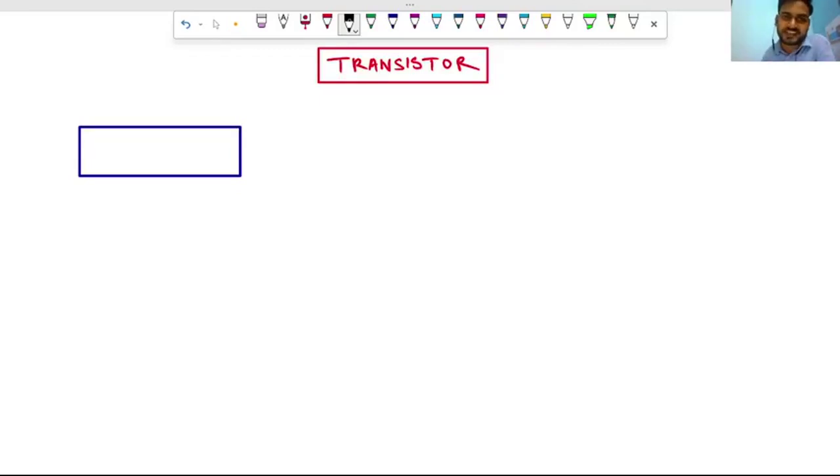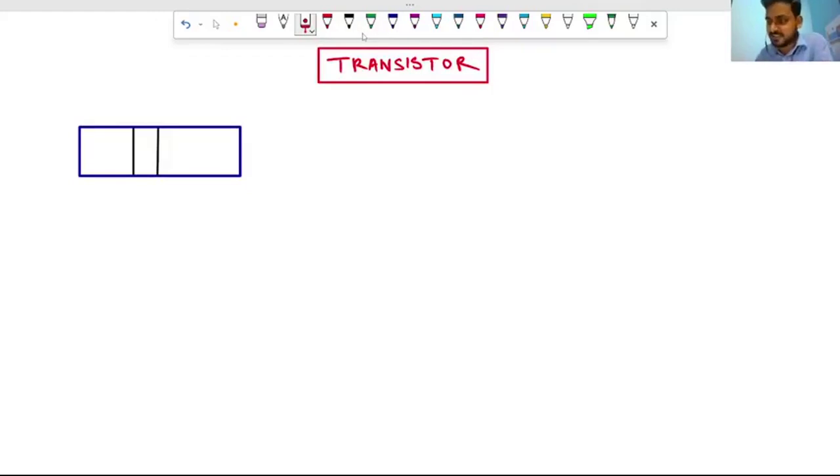But to make a transistor we actually divide it into three segments, and the lengths of the segments are such that one has a larger width, one has a narrower width, and another has a moderate width.